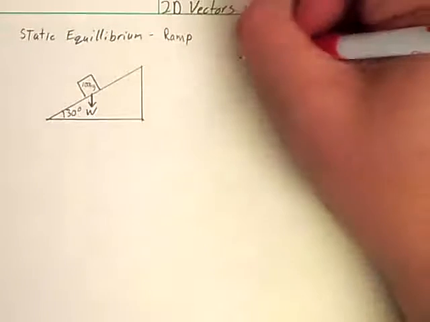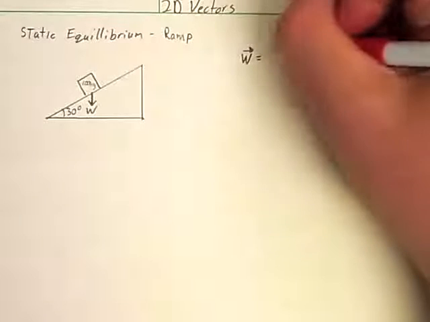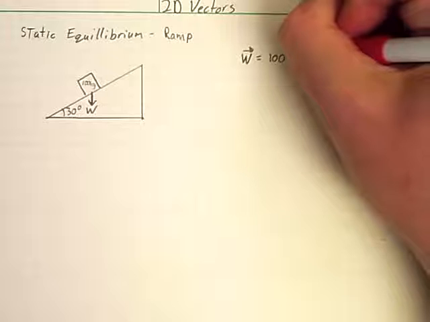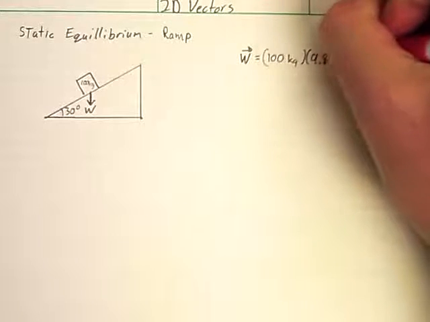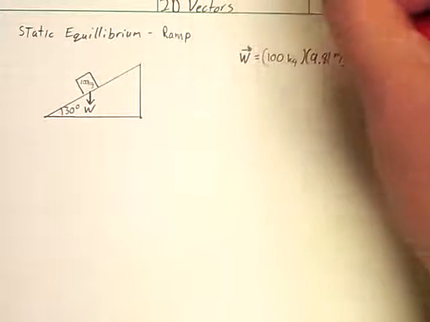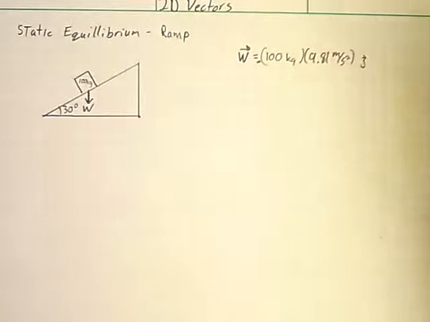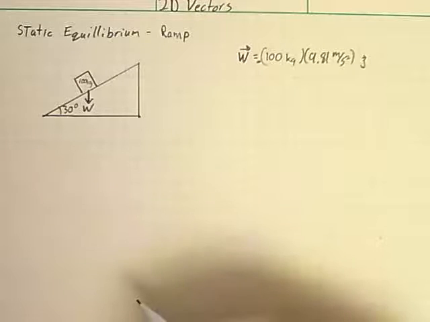So we know we have weight, which is 100 kilograms times gravity, 9.81 meters per second squared, and it's all in the negative j direction. And now it talks about two other things. One of them is the normal force.